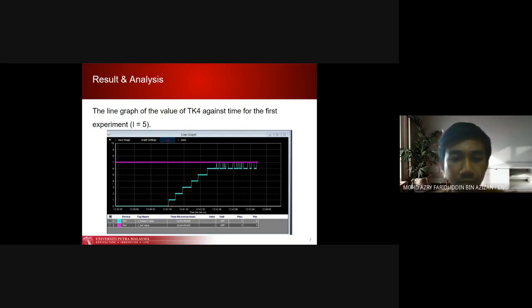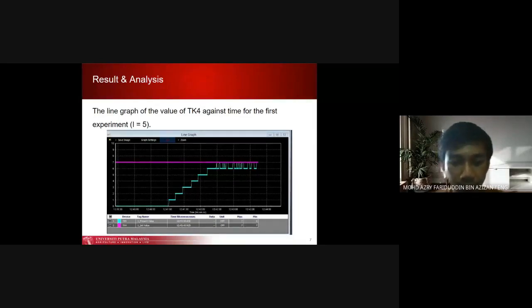After that, the value of TK4, the blue line, starts to increase until it reaches the set value, the pink line, which is 7. The time taken for the blue line to reach the set value is 90 seconds.